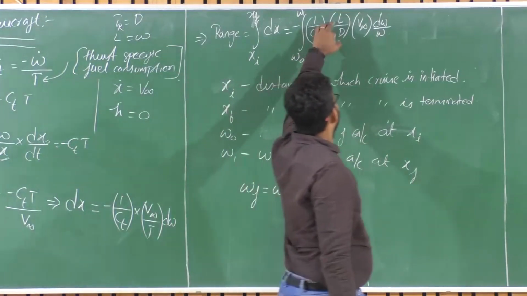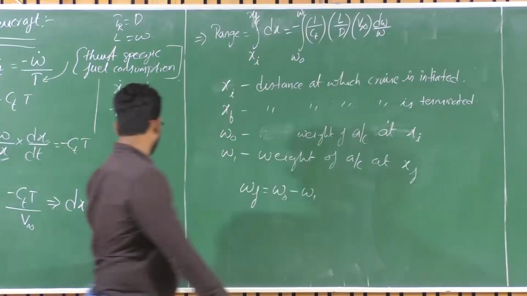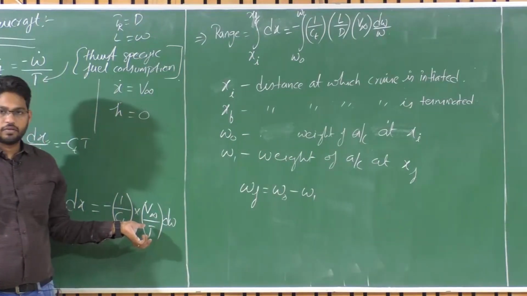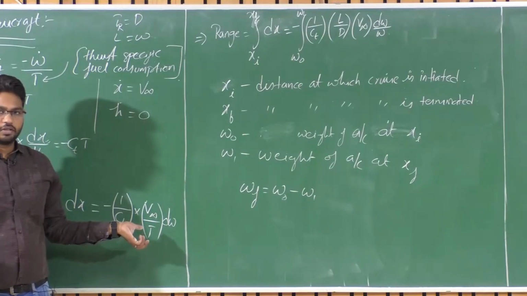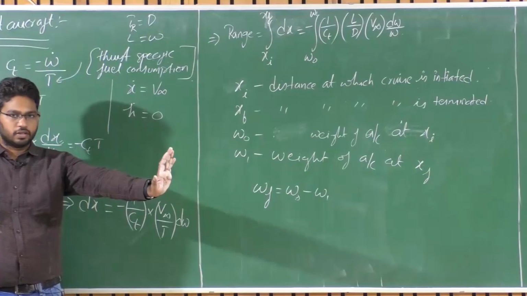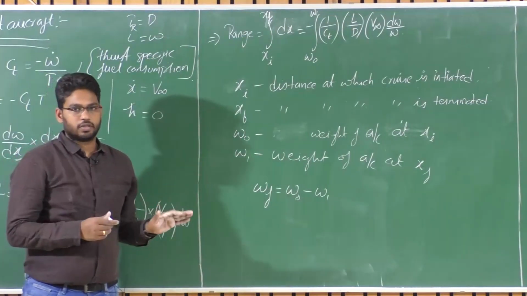Here L upon D appears because, to maintain level flight, the thrust available from the engine at that particular throttle setting should be equal to the drag of the aircraft.